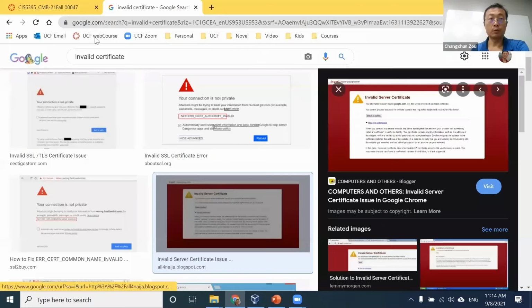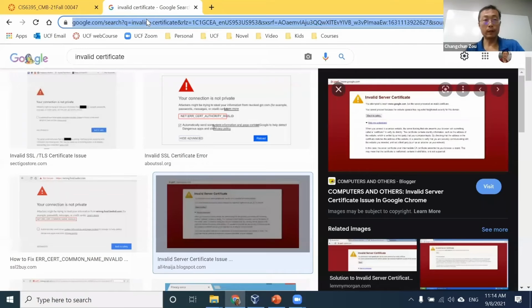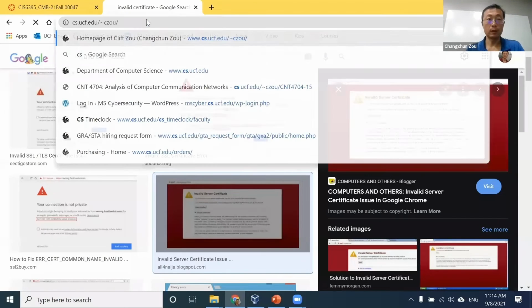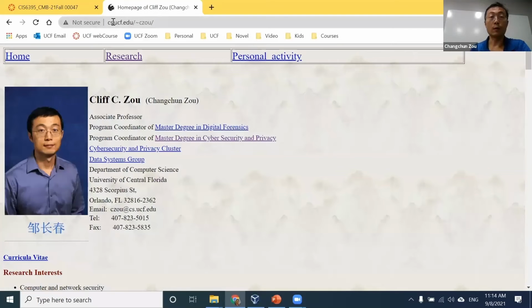For example, if you connect to our CIS website, the browser will give you a warning, basically saying not secure. It just means this connection is an HTTP connection, which is the unencrypted web connection.